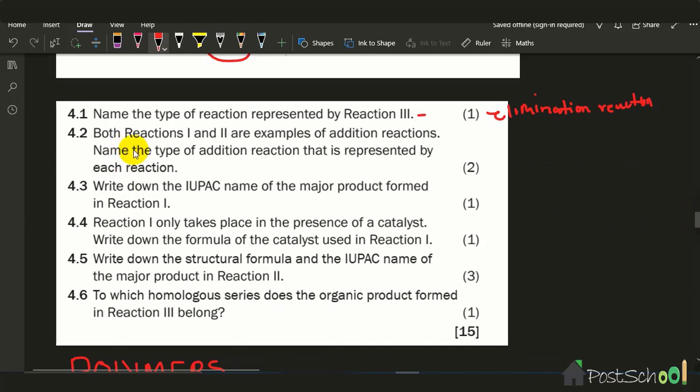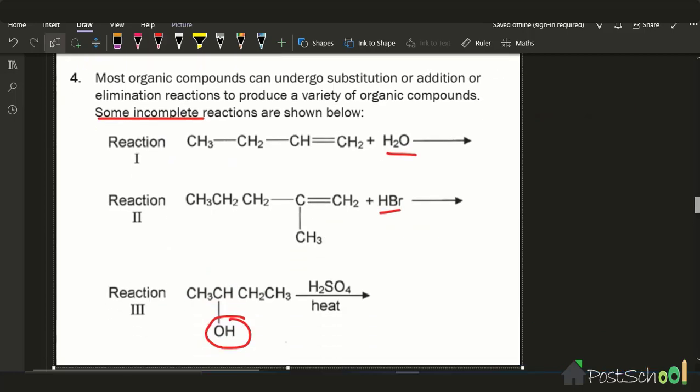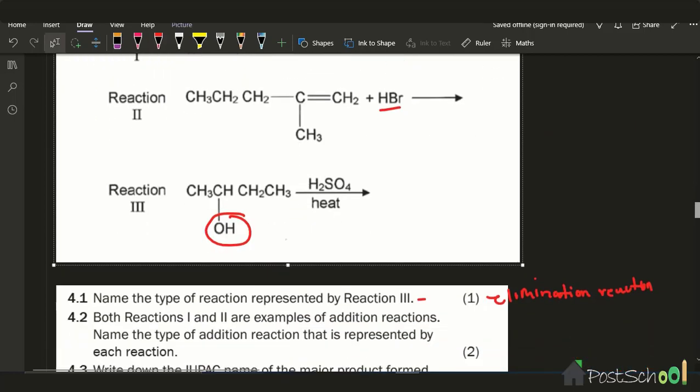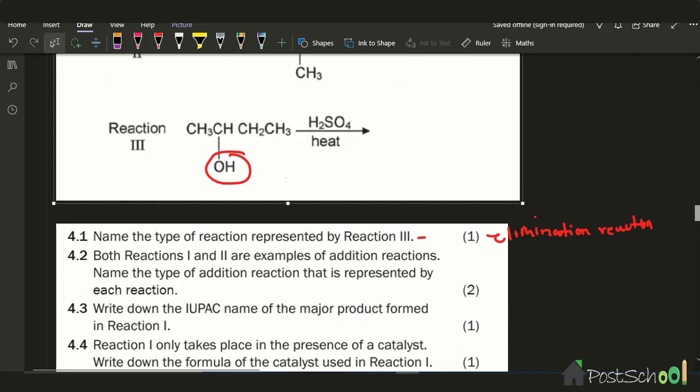And then 4.2, both reactions 1 and 3 are examples of addition reactions, as I said, we add H2O and HBr.